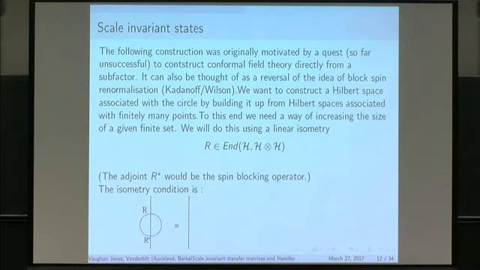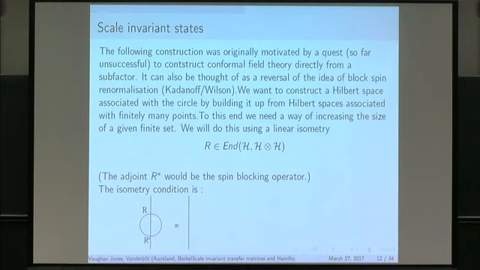Okay, so the adjoint of R would be the operator in block spin renormalization. Right? R is something that goes from H to H tensor H, and R star R is supposed to be the identity.